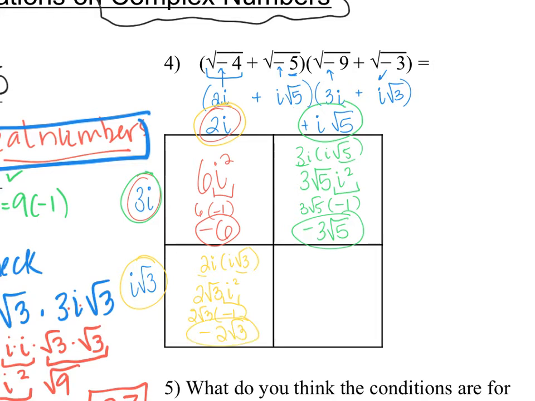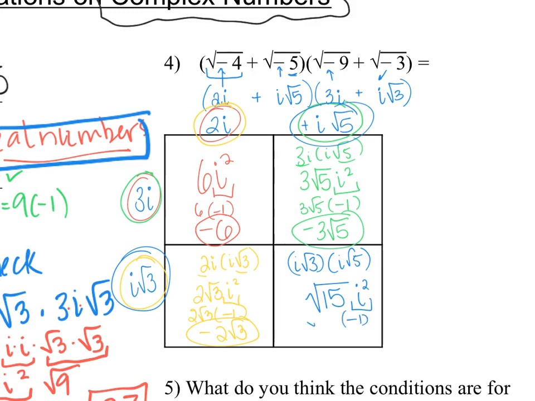And then the last guy, i radical 3 times i radical 5. The radical 3 and radical 5 can multiply because they're both inside radicals, so we'll get radical 15. And then we have i squared, but i squared again is negative 1 times that square root of 15 makes negative square root of 15.